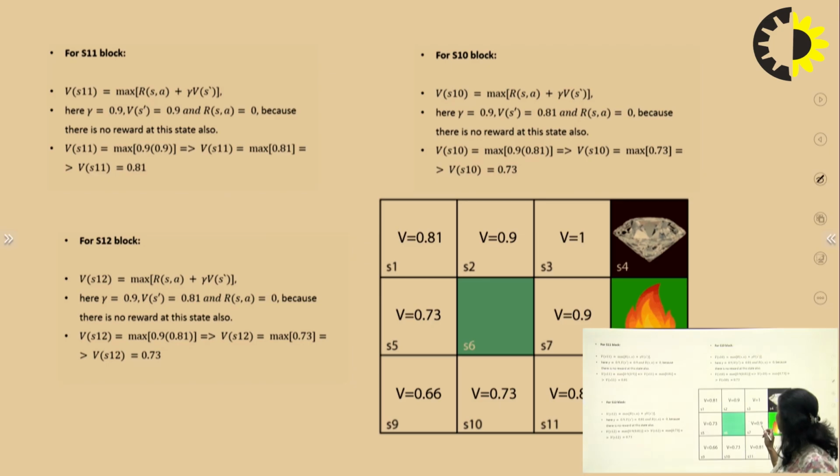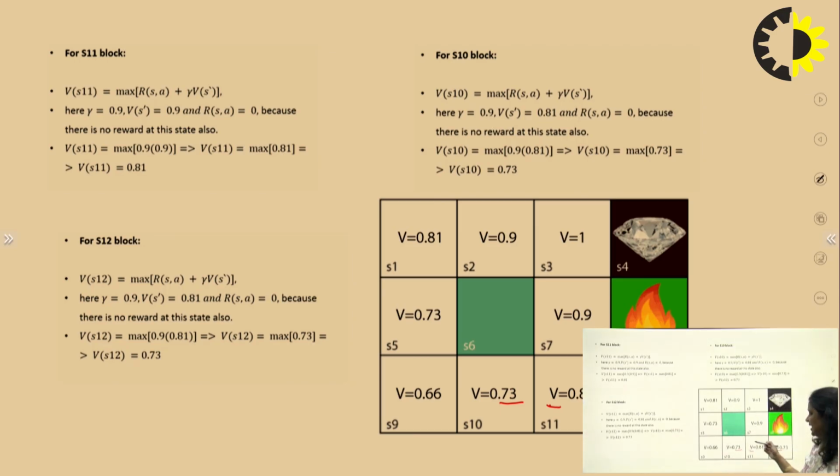Now by using the value of 0.9, we again calculate the value for S11, S12, and for the S10 block, and write the value which is the maximum of these two values. Previously we calculated the value of S10 by using the previous value of 0.66.